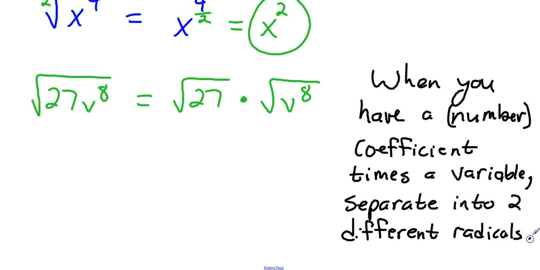And once you've got it separated into two different radicals, well, then you can just do it as two separate problems. We're going to do the square root of 27, just that number, and then we'll turn around and do the square root of v to the 8th.